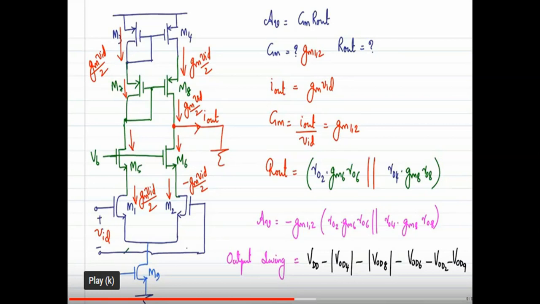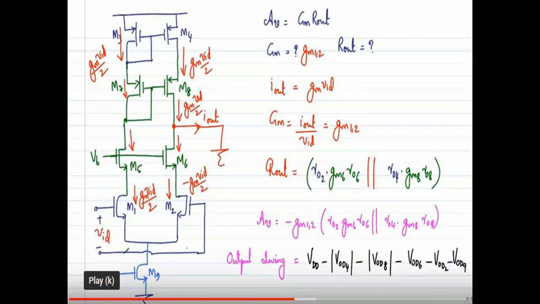Okay, so if we consider the output terminal shorted to ground and apply Kirchhoff's current law. One current is GM VID by 2 and the other current is minus GM VID by 2, that is the M2 current, which is also the same as the current flowing through M6.